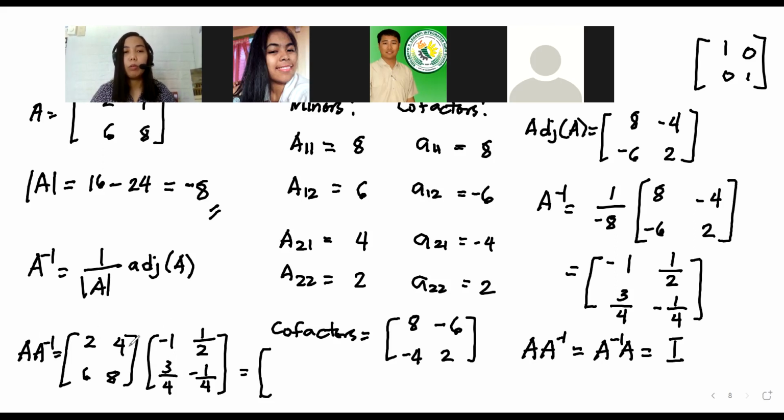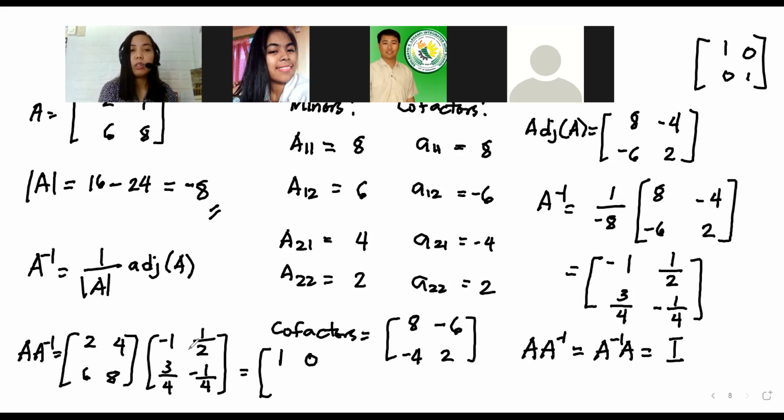Negative 2 plus 3 is 1. Row by column: row 1 by second column, 2 times 1/2 is 1, minus 1, because 4 times negative 1/4 is negative 1. So we will have 0.